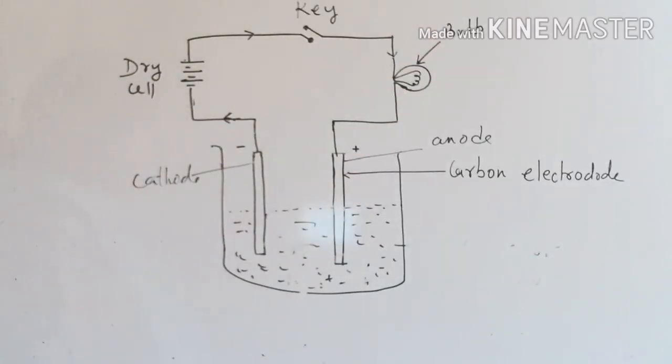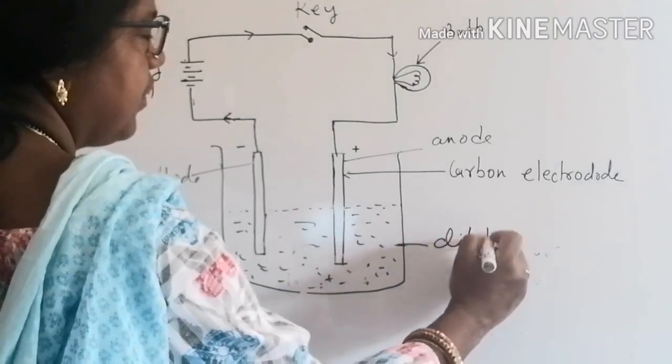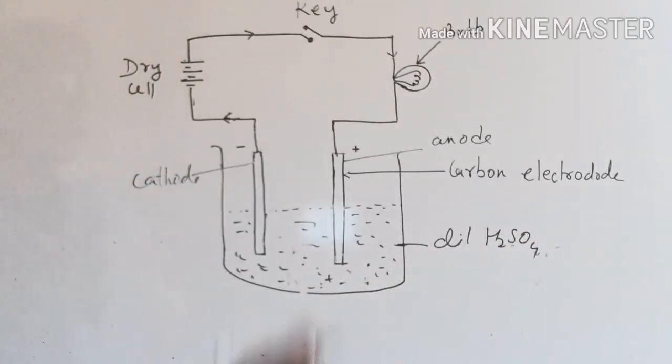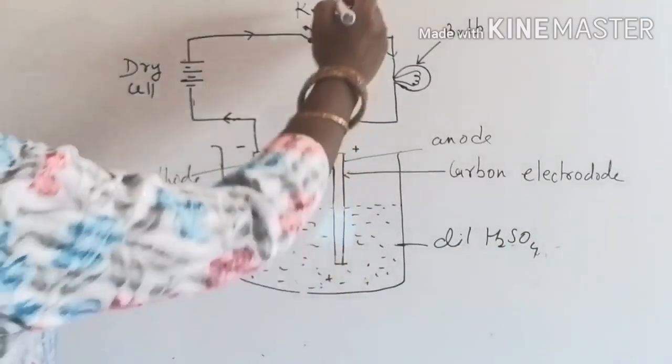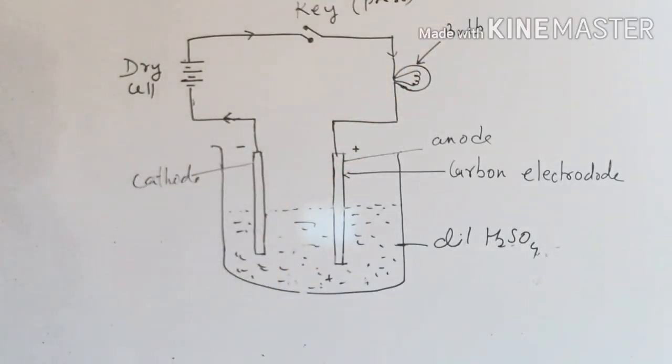Now, first you fill the beaker with dilute sulfuric acid and press the key. As soon as you press the key in on position, you can see the bulb glows.